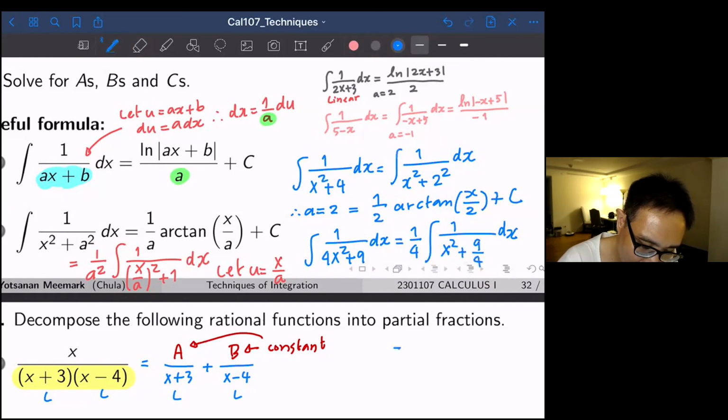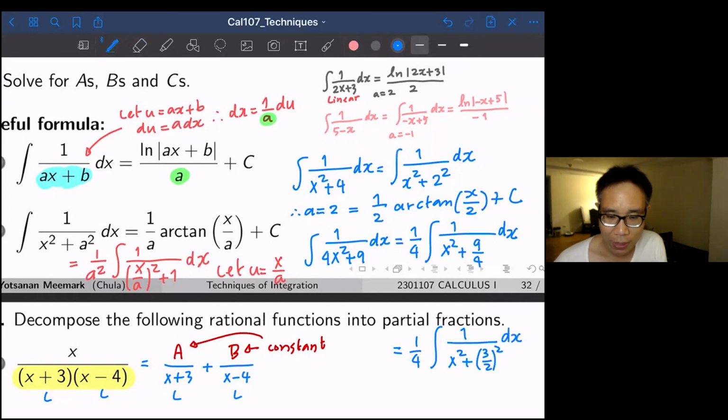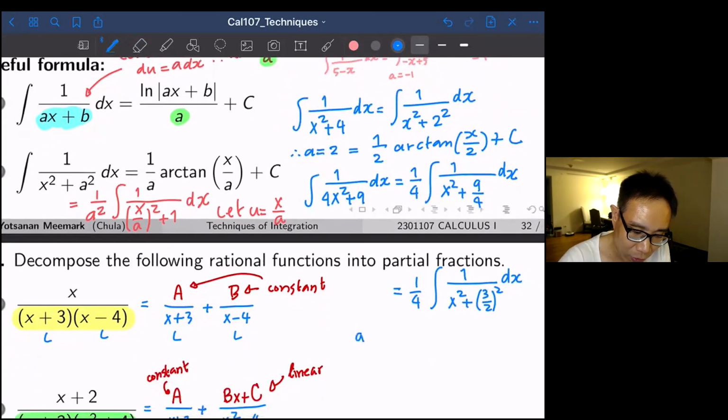So this will be 1/4, and you have 1 over x squared plus (3/2) squared, dx. Okay, and you have a equal to 3/2.